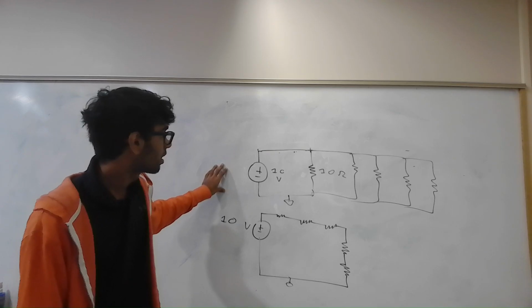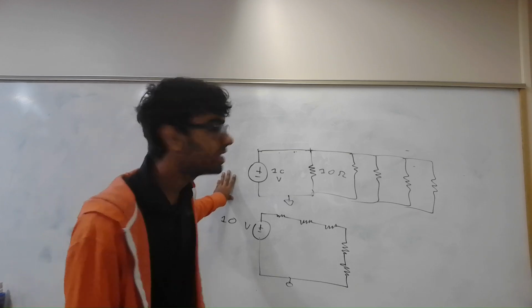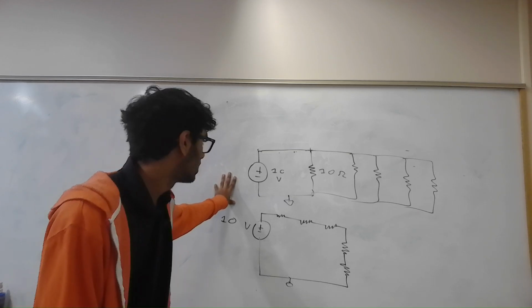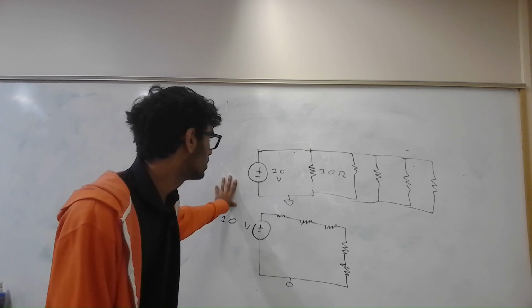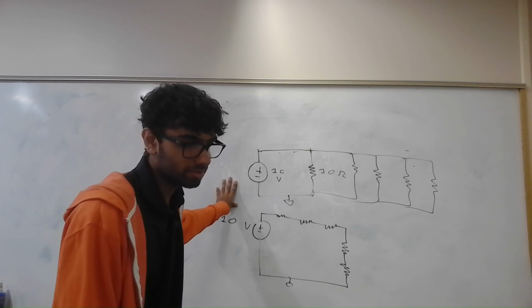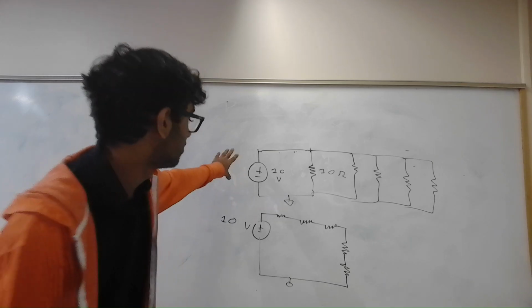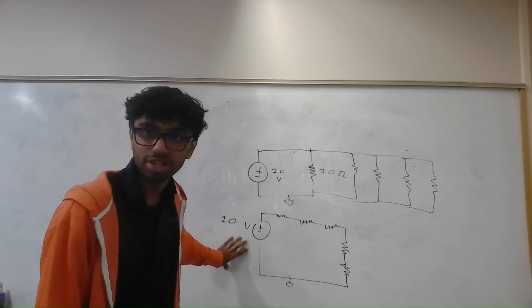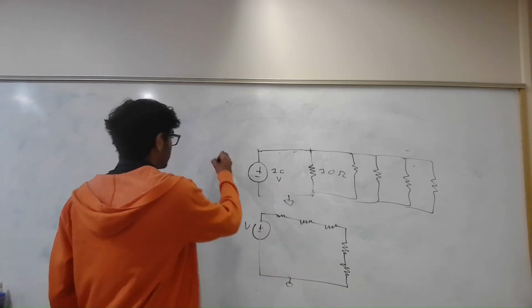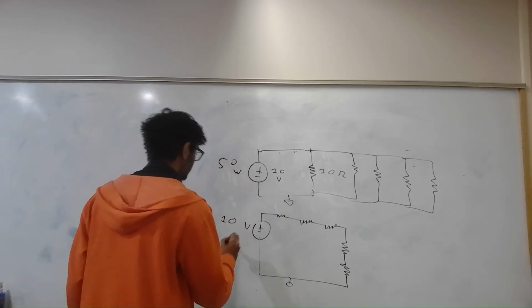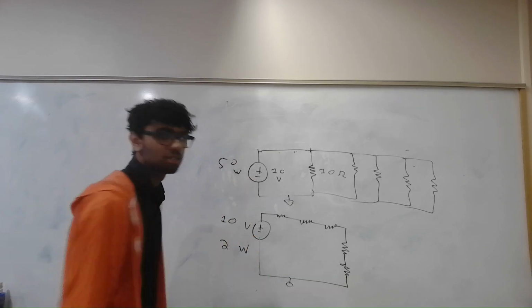What it comes out to be, I think, if you're using 10 ohm resistors, it's 50 watts, I think. This is 50 watts. Whereas this configuration is 2 watts. So this is 50 watts, and this is 2 watts. That may be wrong.